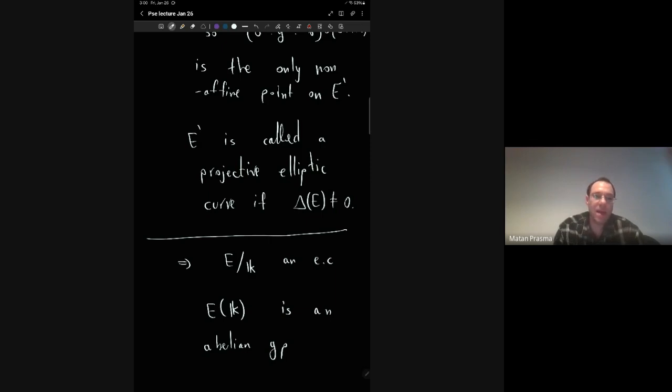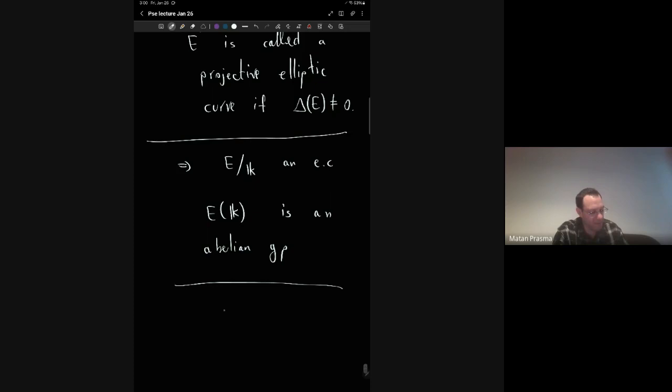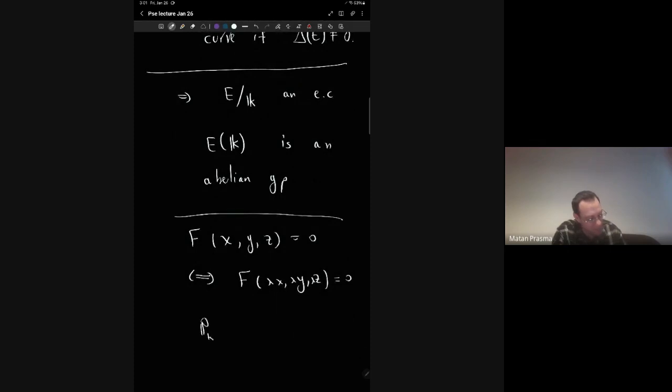And a solution set of a non-homogeneous polynomial does not make sense in the projective space, because I want to say that if x, y, z is a solution of a polynomial f, then if and only if lambda x, lambda y, lambda z is also a solution of the polynomial, because I know that in the projective plane (x : y : z) is equivalent to (lambda x : lambda y : lambda z).